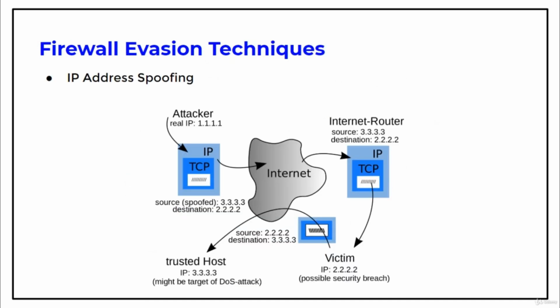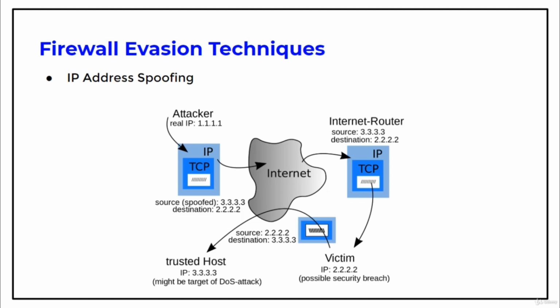Now let us see the different types of firewall evasion techniques. The first is IP address spoofing. IP address spoofing is a hijacking technique in which an attacker masquerades as a trusted host to conceal his identity, spoof a website, hijack browsers, or gain unauthorized access to a network.